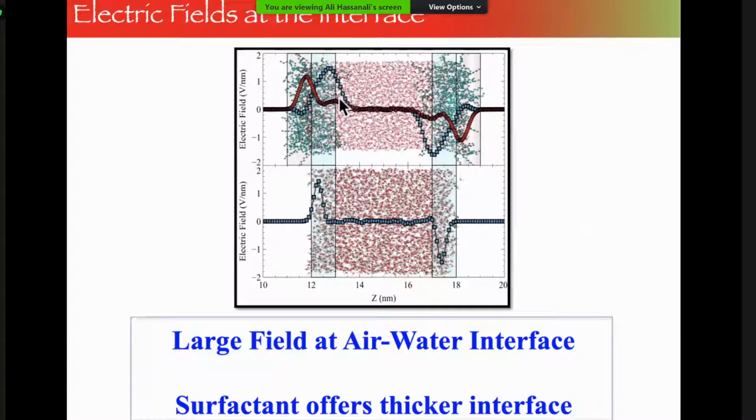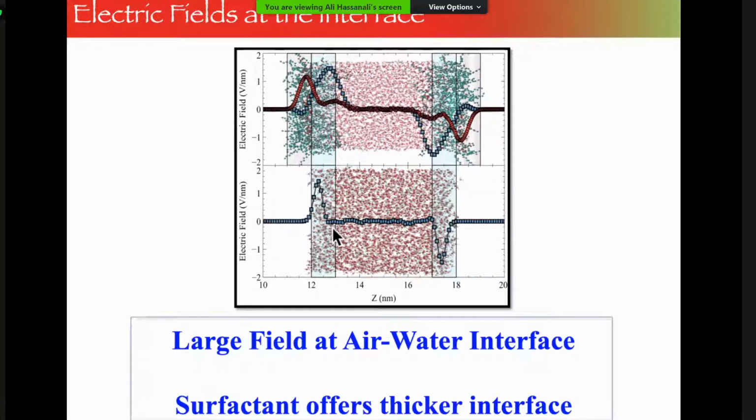And that's quantified in this figure here at the top. You see that in the bulk, the electric field is 0, as you expect. But as you get closer to the interface, you can get electric fields on the order of 1 volt per nanometer. And these electric fields are directed from the vacuum into the surface. And this electric field is an entangled object coming from both the surfactant and the water.